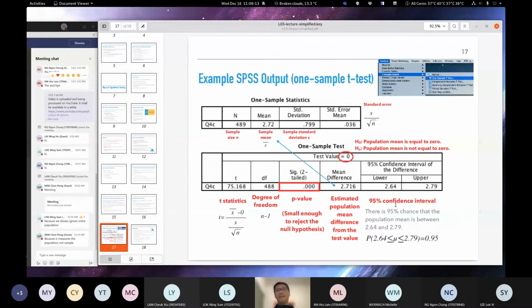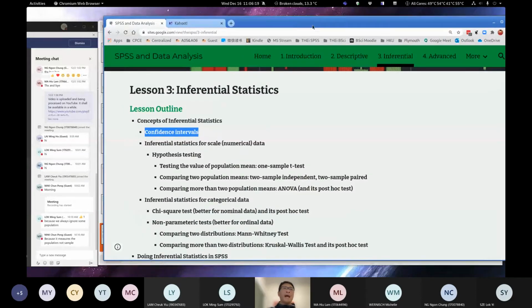Okay, so that is the confidence interval. At this point, I have talked about the concepts of inferential statistics. I have talked about confidence intervals very briefly. I am using the scale data and the one sample t-test as an example here.